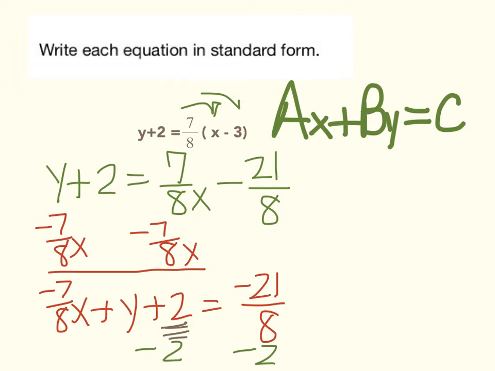So now I have negative 7/8 x plus y equals, well, negative 2 is the same thing as negative 16/8. So I have negative 21/8 minus 16/8, which equals negative 37/8.